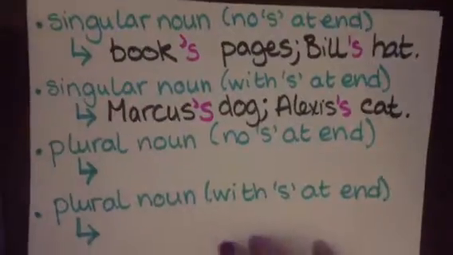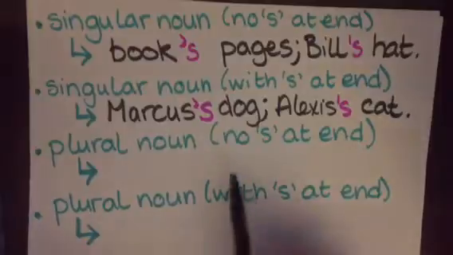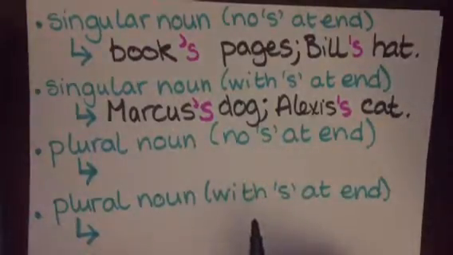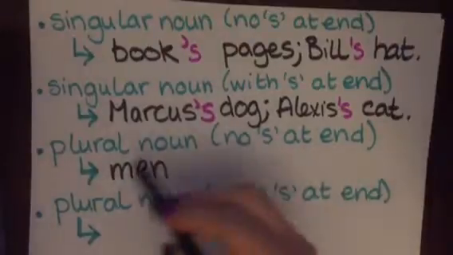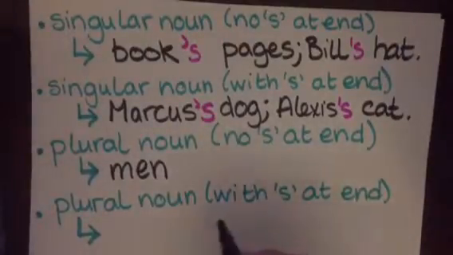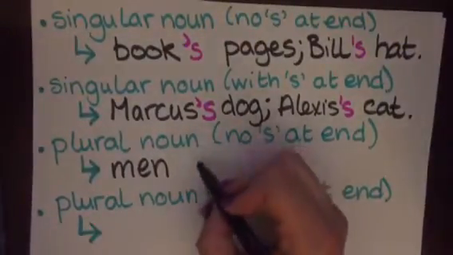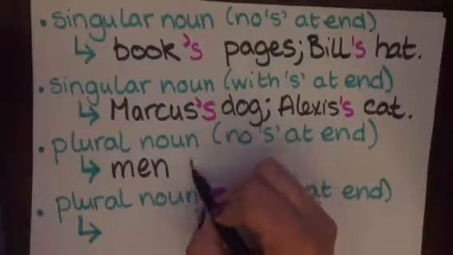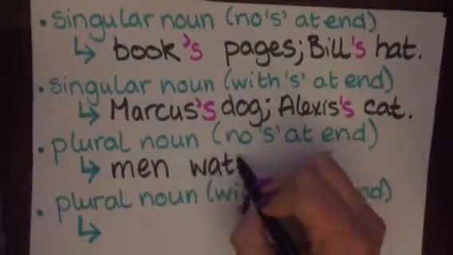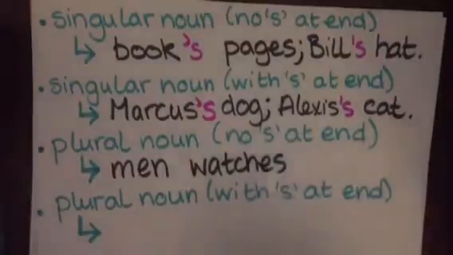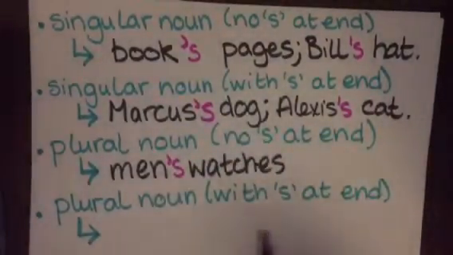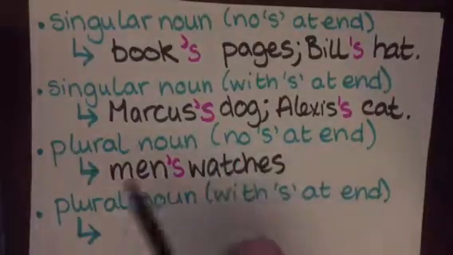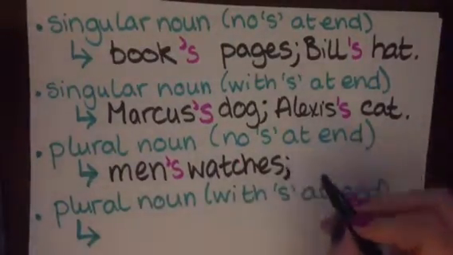Now let's say I have a plural noun, a noun that represents more than one of something, and it does not end with an S, a word like men. Men, that's more than one man. And I want to say it's the men's watches. I'm still going to add the apostrophe S. Men's watches, the watches that belong to all of the men, more than one.